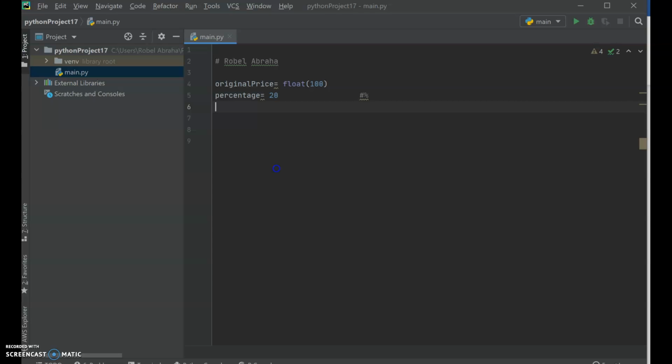To calculate the percentage, we need to do increase percentage equal to original price times, in the bracket, 20, which when we convert 20% to a number, we have to divide by 100.